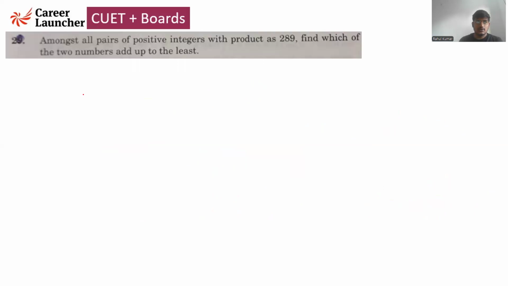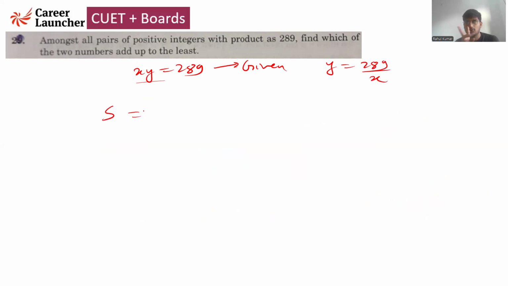Now we have the next part. Amongst all of the positive integers, the product is 289. Okay, this is given. So you can write y is equal to 289 plus. Now you need to find two numbers that add up to the least, meaning minimum.